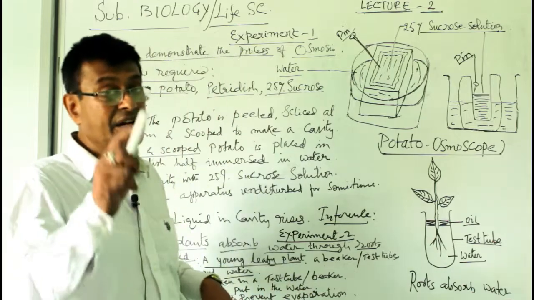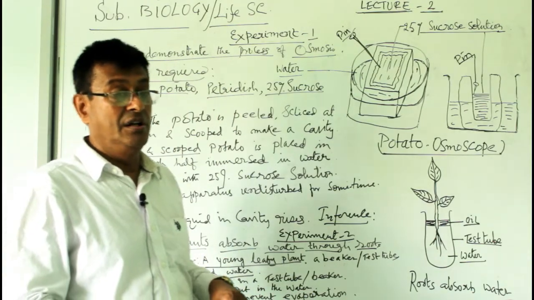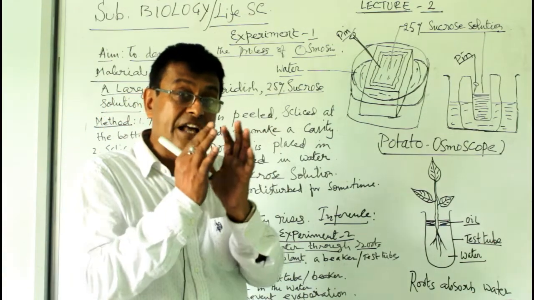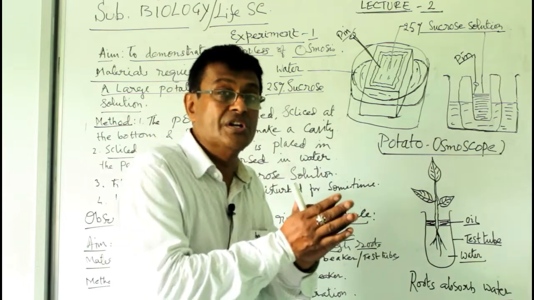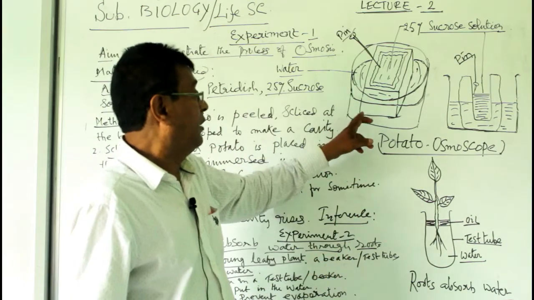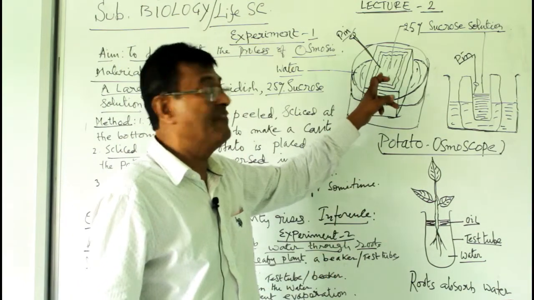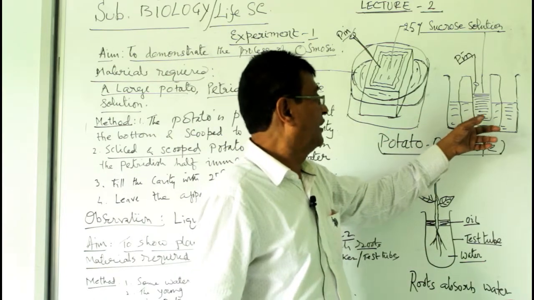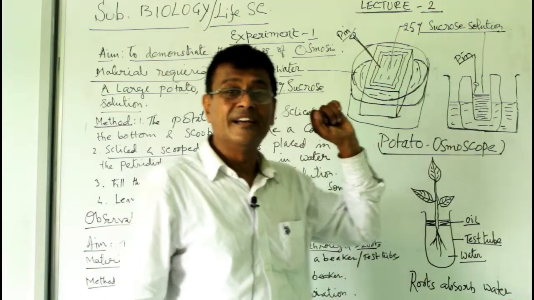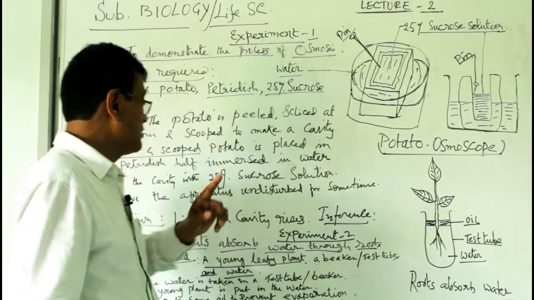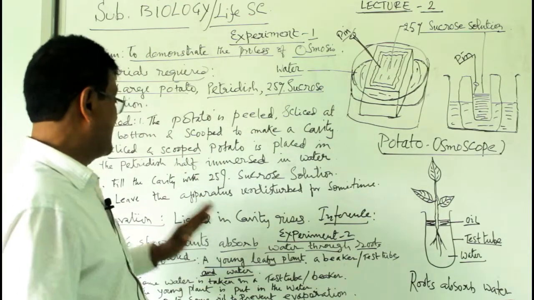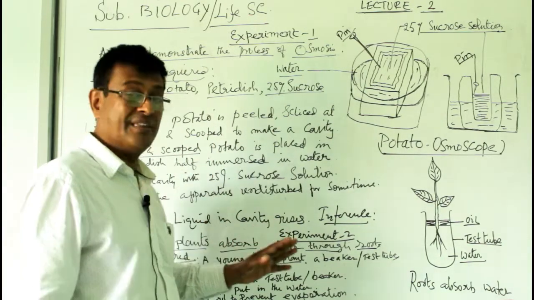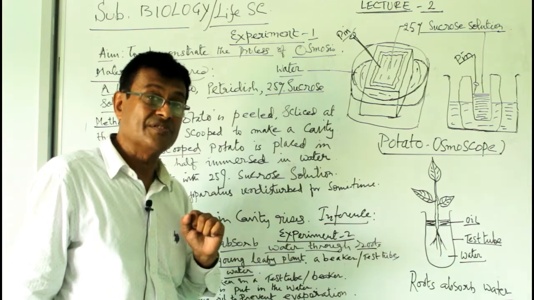Then what is happening? In osmosis, the molecules move from the higher concentration to the lower concentration. So that is why the water gets in and the level is increased. The same thing is happening here also. The level of the water rises. That shows that osmosis has taken place.